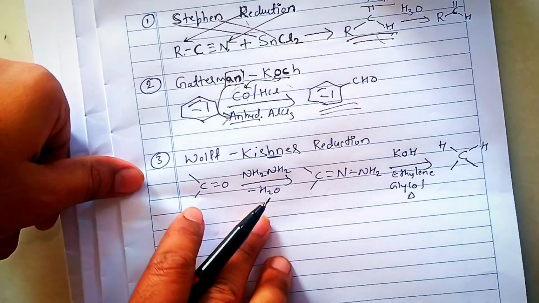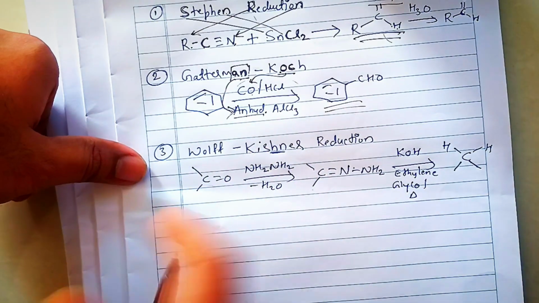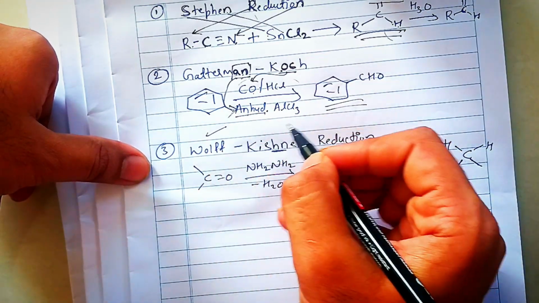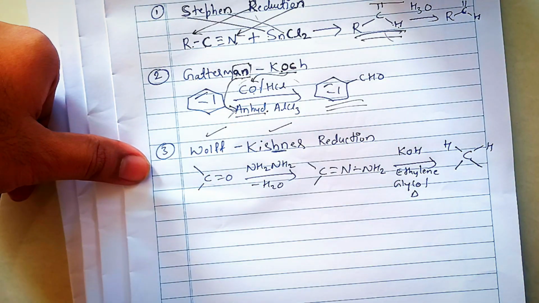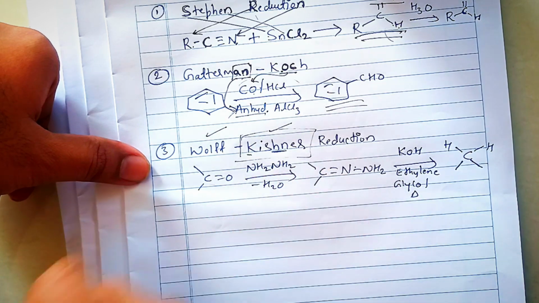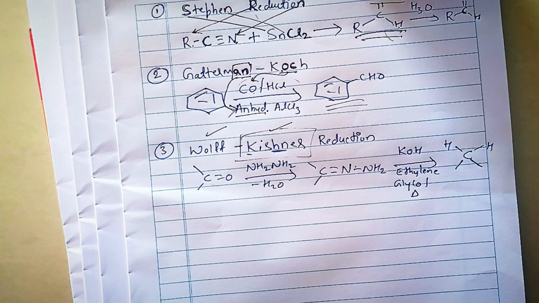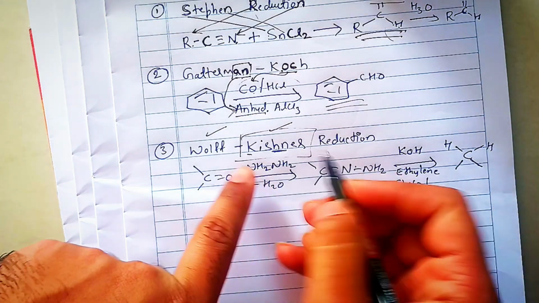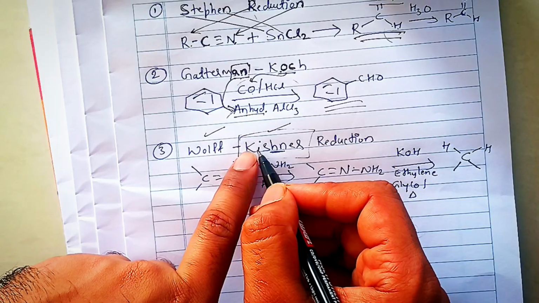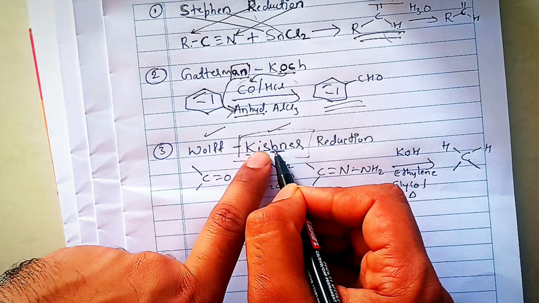Okay, then there will be the Wolff-Kishner reduction. So here there will be two scientists, one Wolff, another one Kishner. In the name Kishner we can find an inorganic reagent: C, ER not there, IK, KI not there, SH not there, so NH.